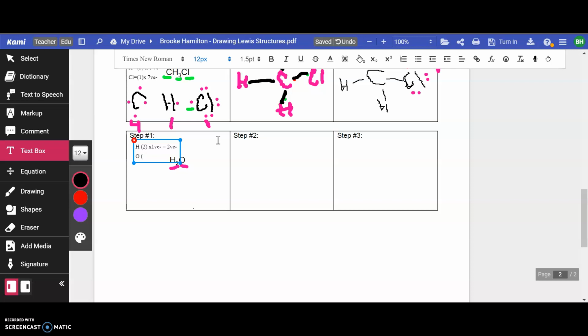Oxygen is in group 6 on the periodic table, or group 16. So there is 1 oxygen, and we're going to put 1 times 6 valence electrons. That's going to give us a total of 6 provided by oxygen. And 2 plus 6, our final total for H2O, is going to be 8 valence electrons.